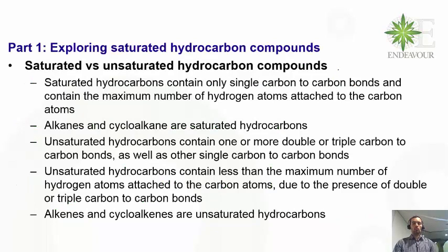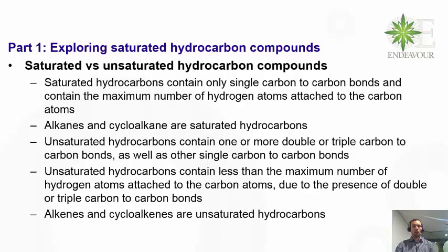Alright, so let's have a look at the summary for this part of the session. So we had a look at the difference between our saturated and unsaturated hydrocarbons and their functional groups. The saturated hydrocarbons only contain single carbon-to-carbon bonds, meaning they had a maximum number of attachments to hydrogen, therefore being saturated with hydrogen. And this was true for our pseudo-functional groups like alkane and cycloalkane that contained only single carbon-to-carbon bonds.